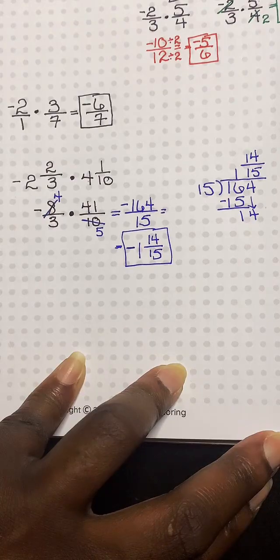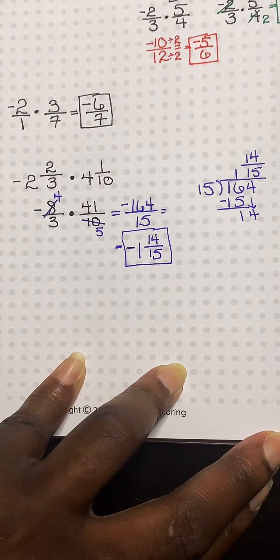You need to add 0 before. With a remainder of 14, back to improper fraction because 15 goes into 14 0 times. You need a number over the 4 in 14.